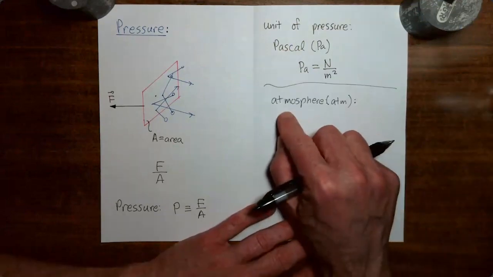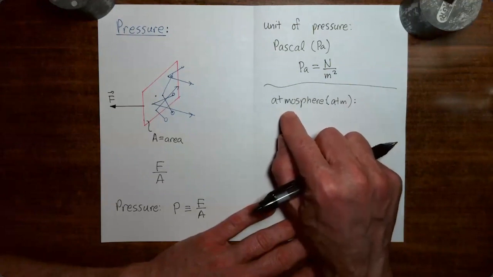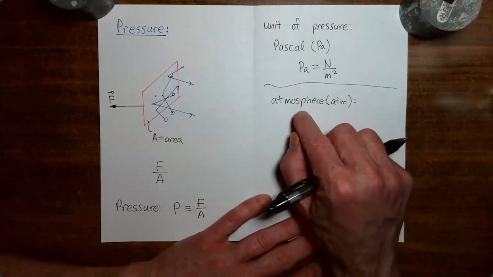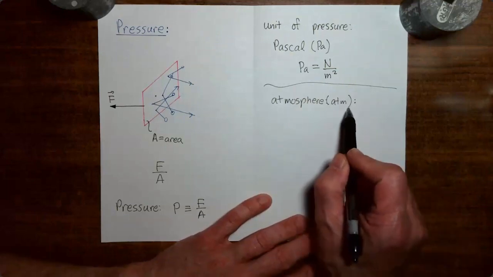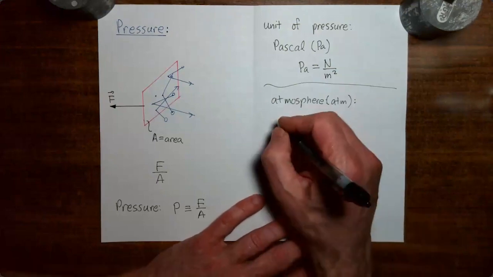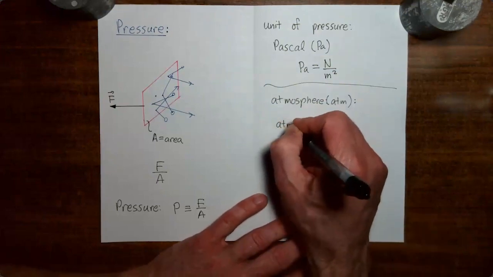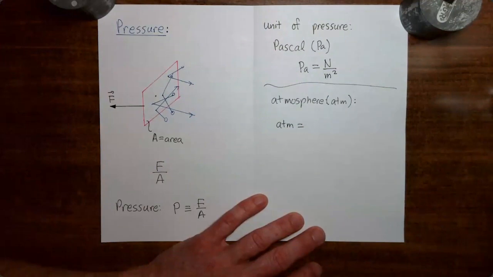The other unit of pressure which comes up in this class is the atmosphere. When we use the word atmosphere to refer to that specific unit of pressure, then the symbol for that is ATM. The atmosphere is based on the global average of atmospheric pressure at sea level.